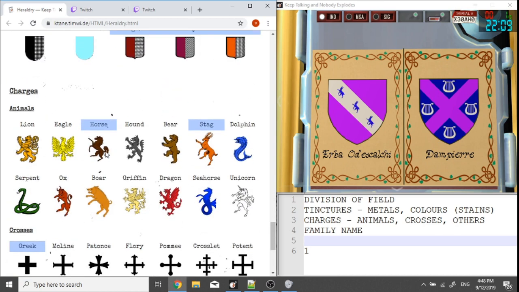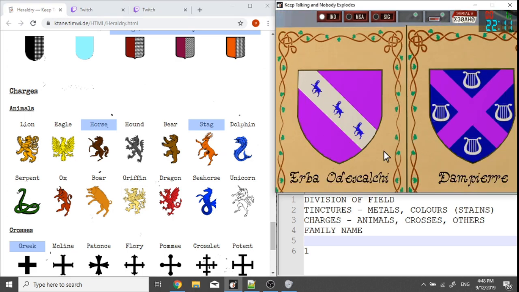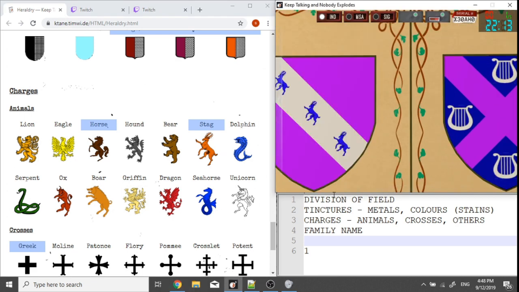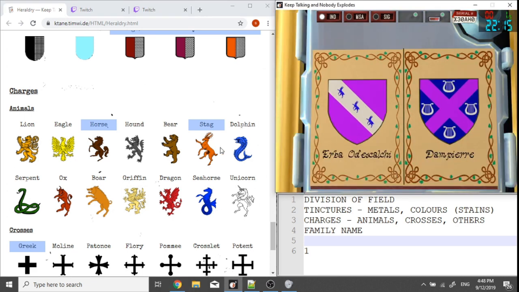Animals. It is a stag. If we zoom closer, we can indeed see that's a stag, but stag is a fairly unique animal anyway. So in fact, we've already found the correct crest, which is this. Keep in mind that that was the correct crest for one solve.